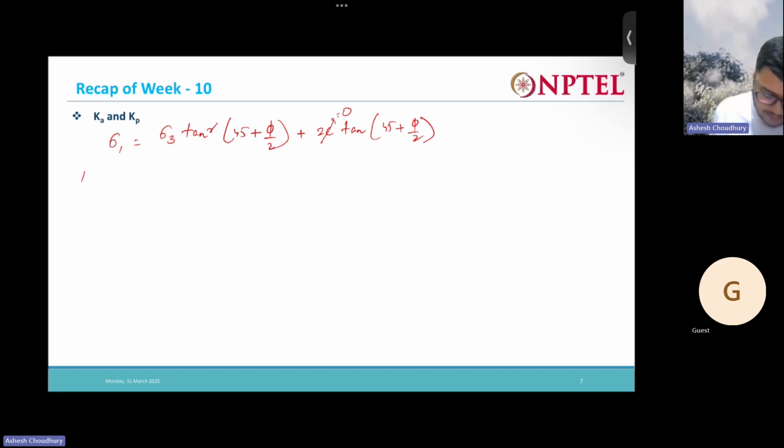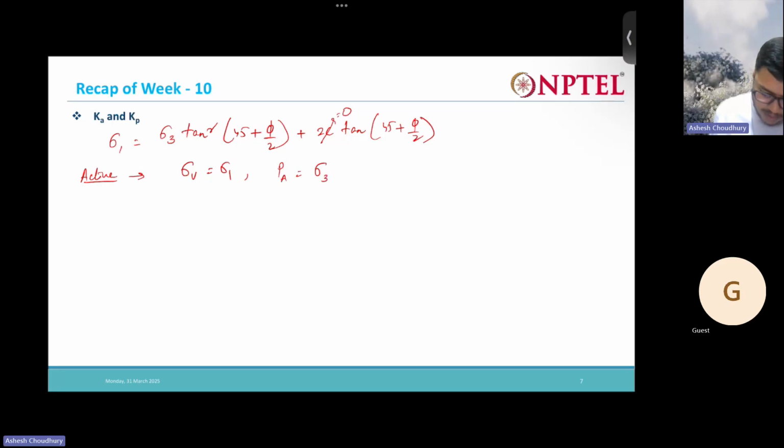Now for the active case, sigma 1 will be my vertical stress, and the horizontal stress, the active earth pressure, is going to be my sigma 3.